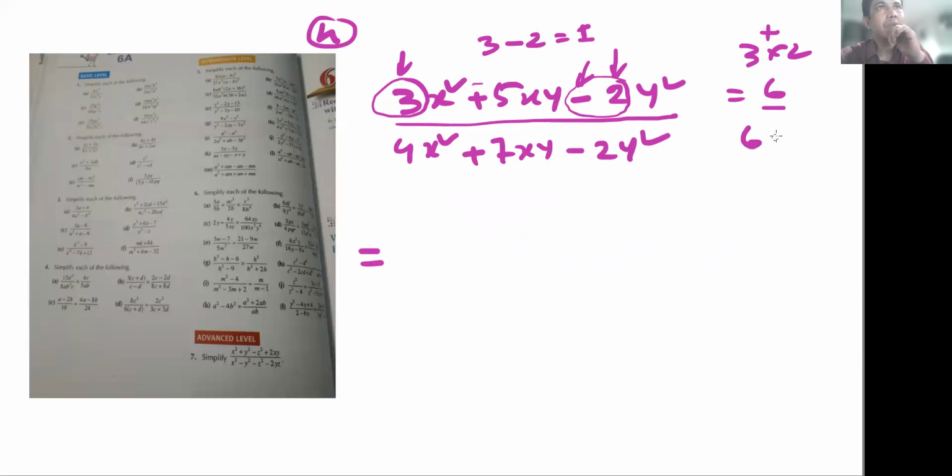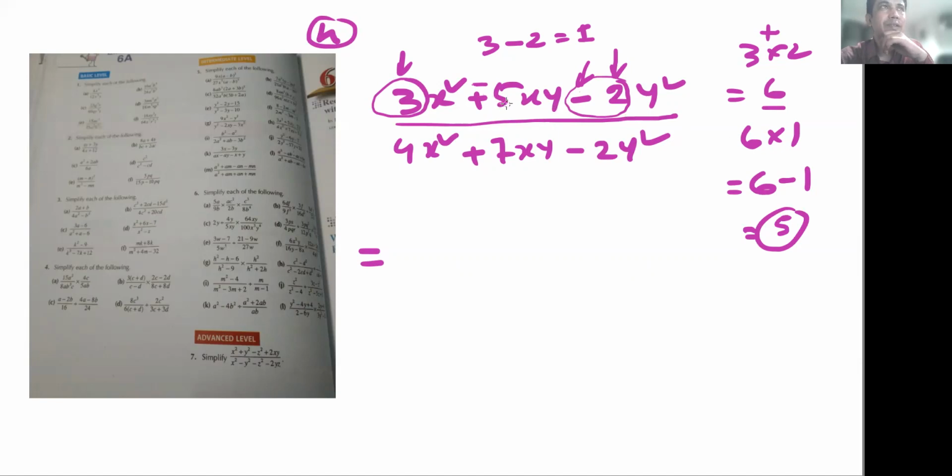But we can do it like this also: 6 into 1. Yes, 6 into 1 is 6. Now apply the formula. The biggest one will have the positive sign, 6, and the smallest one will have the negative sign, minus 1, which equals 5.